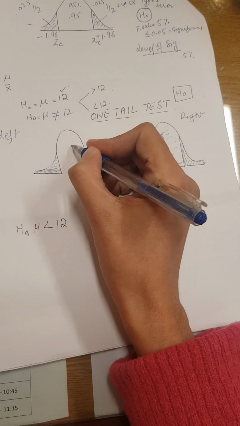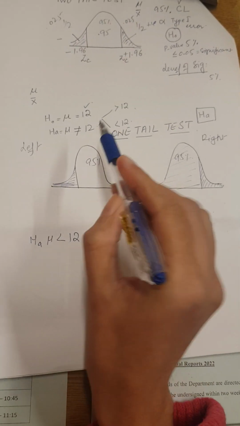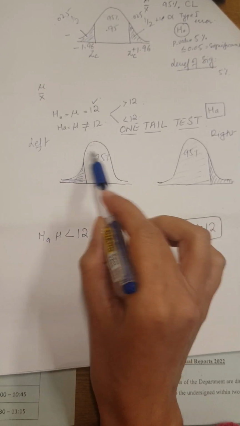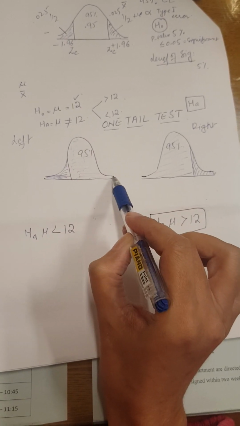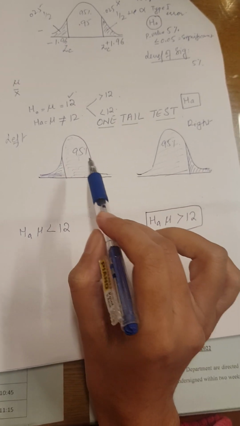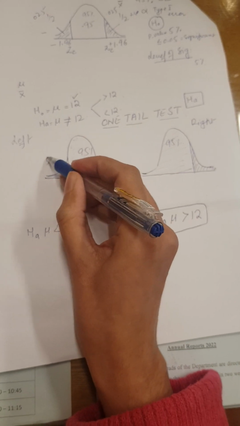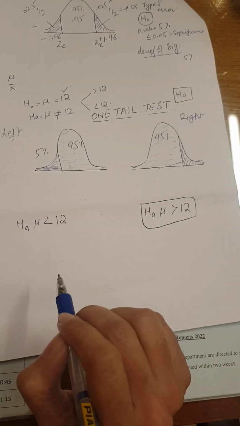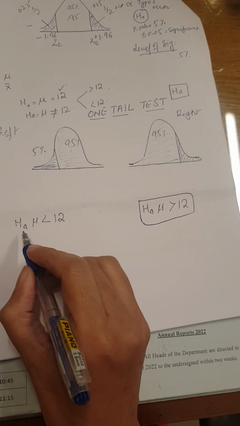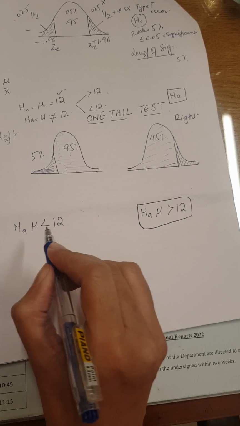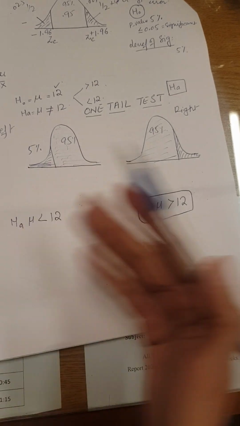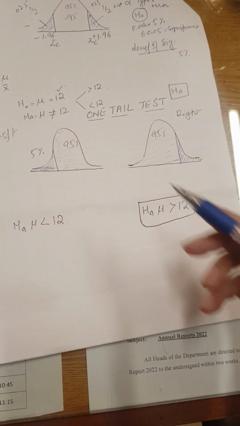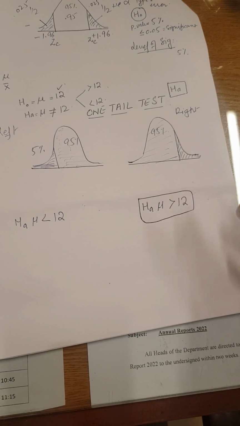This is the 95% acceptance area, the area which will not be rejected, the probability of 95% that a true null hypothesis will not be rejected, but the 5% rejection area is here. So when the alternate hypothesis says that mu is less than the value of the null hypothesis, it will be on the left side; when it is more than the value of the null hypothesis, the rejection area will be on the right side.